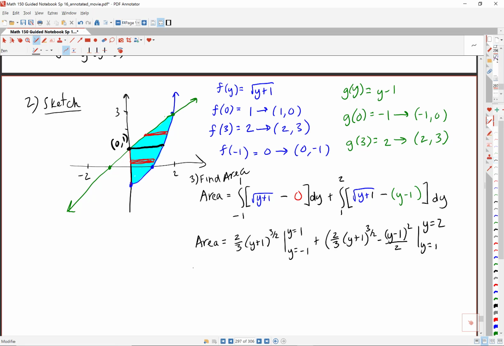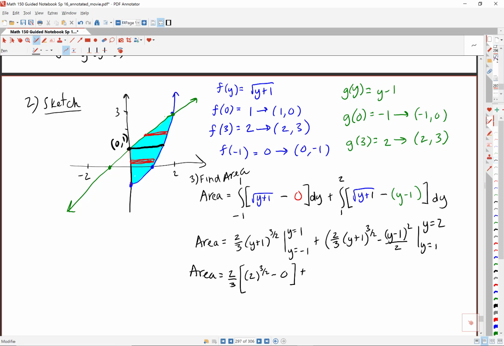Continuing, we will have area is, this will be 2/3 times, the first one when we put y in, we'll have 2 to the 3/2. That's not very neat. So we'll have 2 to the 3/2, and then do you see the second one was 0? -1 plus 1 is 0.